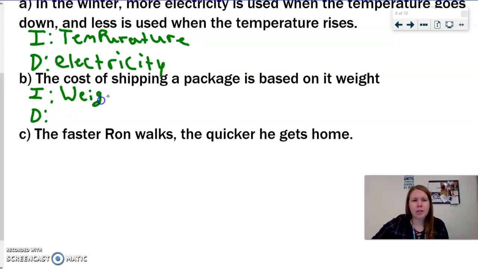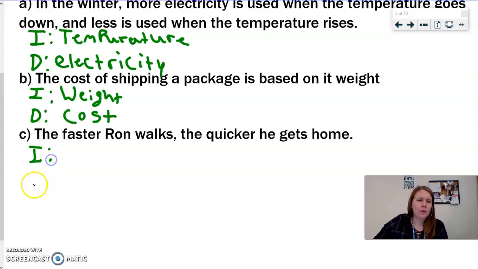I could change it, but if I've already packaged up the box and I bring it to the post office and they weigh it, that's going to be my independent variable. The thing that changes because of this weight is going to be the cost of it. The cost depends on how much the weight is.